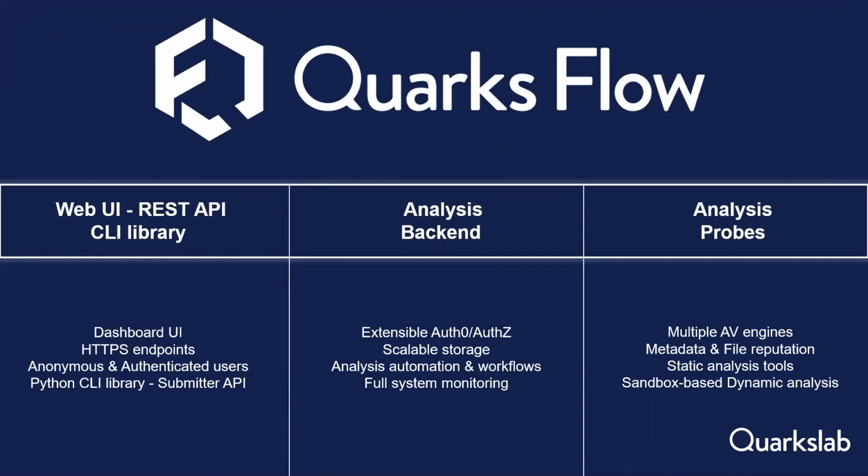And now the question may be, how do we build this? What is the internal architecture of this product? And I will give you a summary here, and Alex will talk more in detail about what we're doing. So we have three components. The front end, the web UI, and the API, that is the component that receives the files to be analyzed.